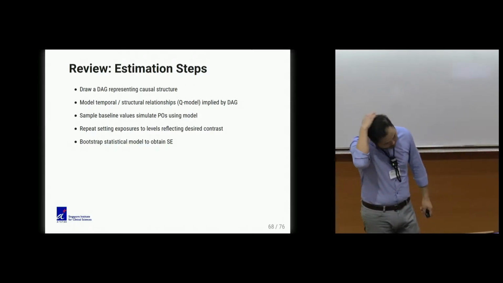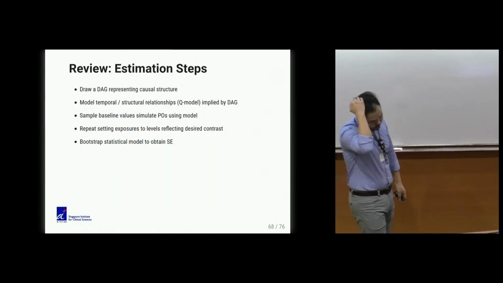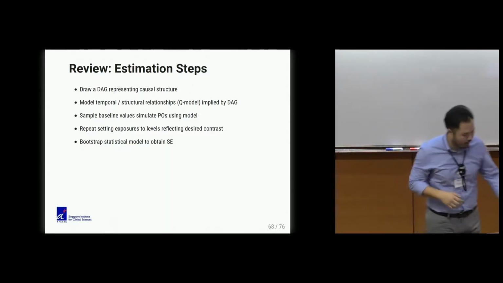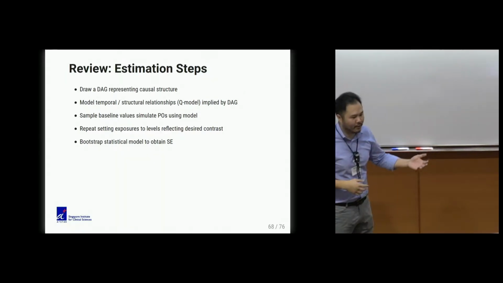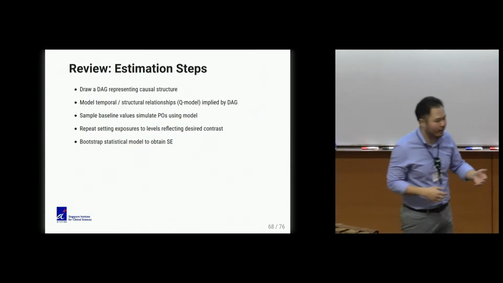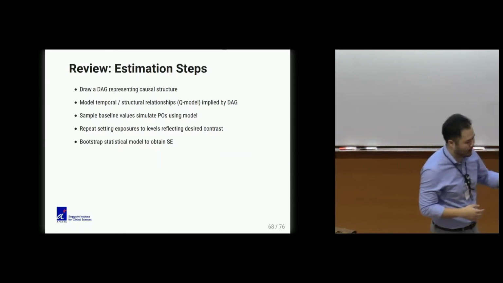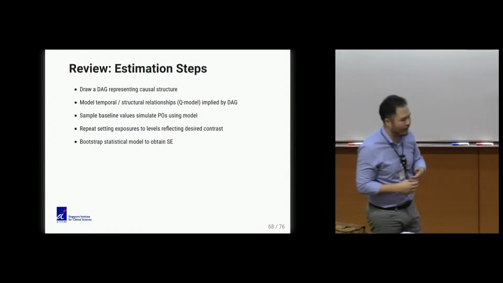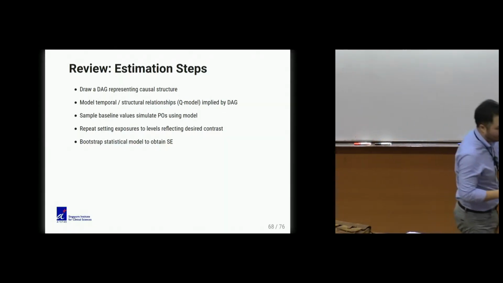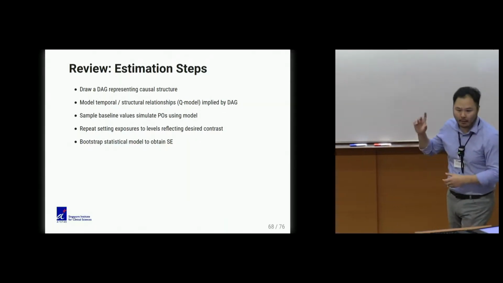All right, so just to review the standard flow of this: represent the causal structure that you assume to exist. Some of it can be temporal ordering, which can help you do that. Draw that DAG, model the temporal structural relationships that are implied by that.